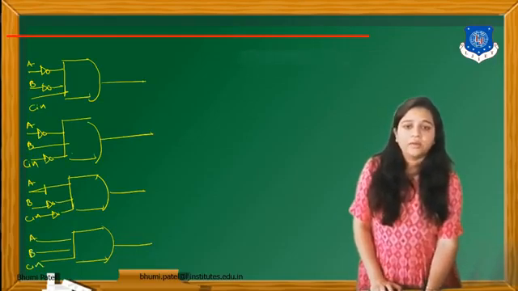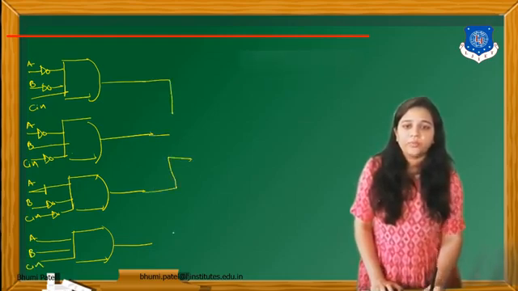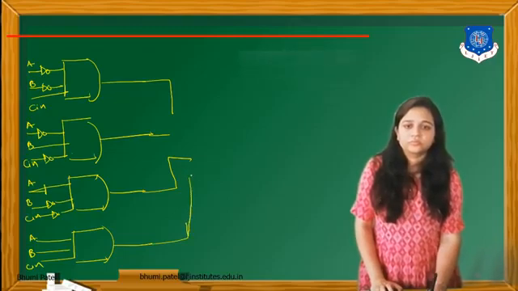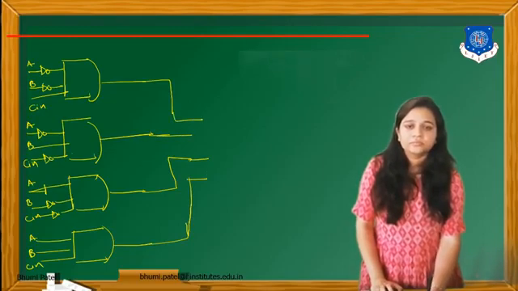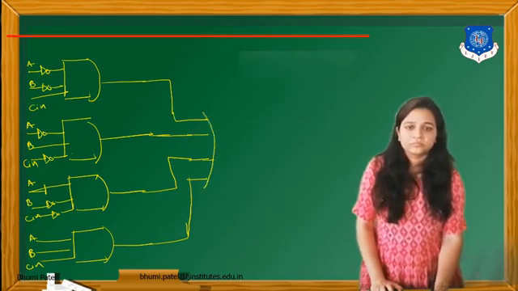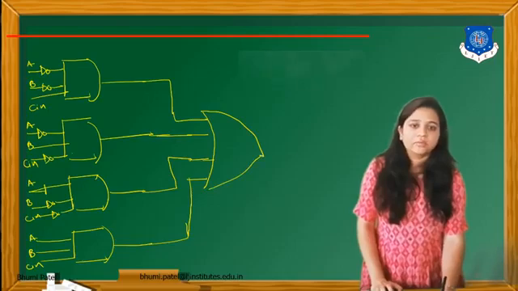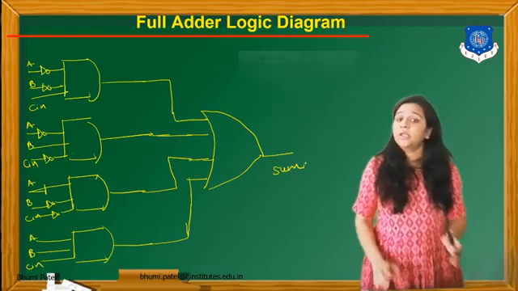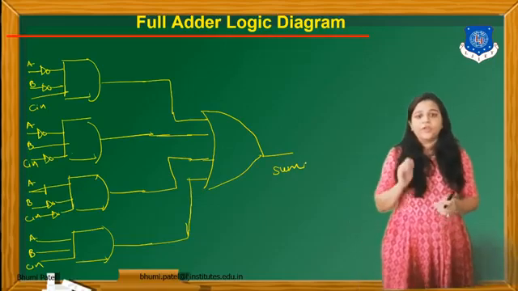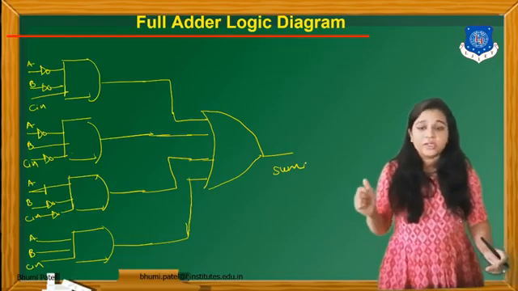Okay, and we can add these 4 inputs using the OR gate. And the output of the OR gate is sum. Okay, so this is the logic diagram for the full adder for the particular sum.